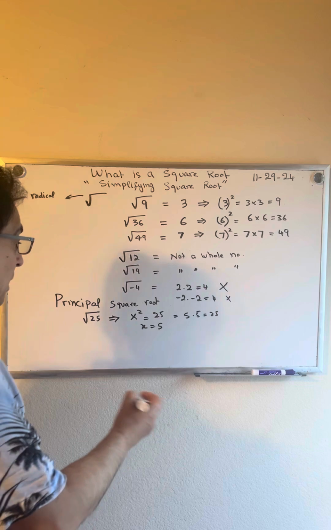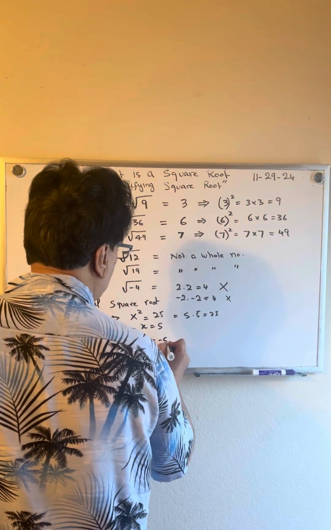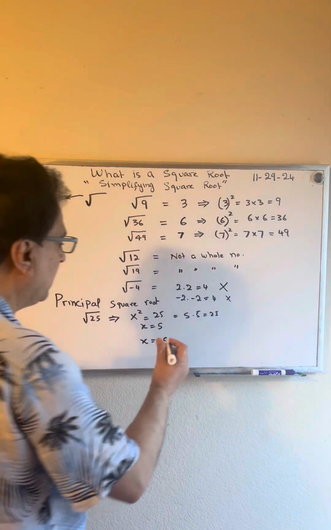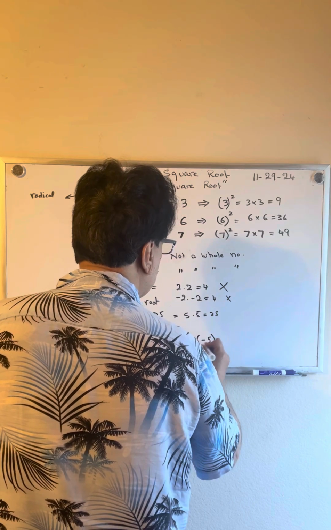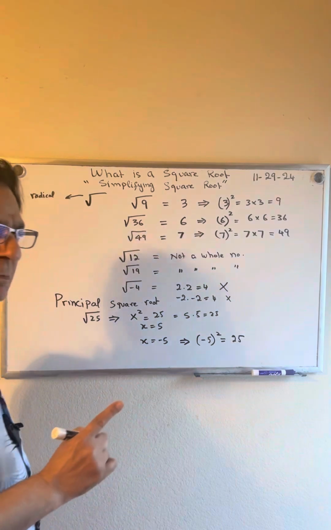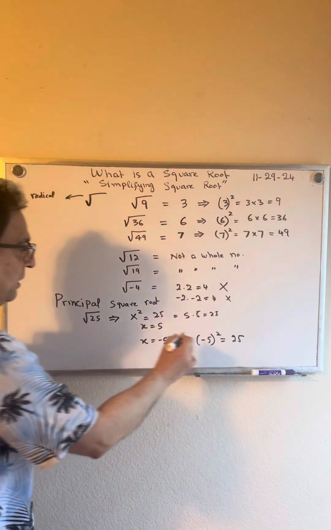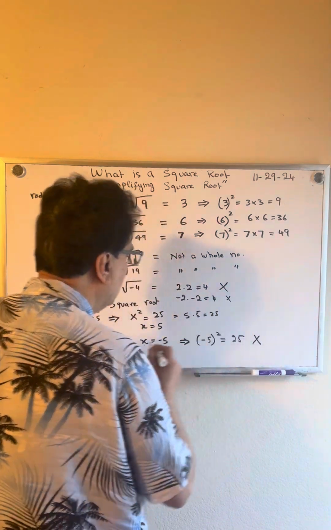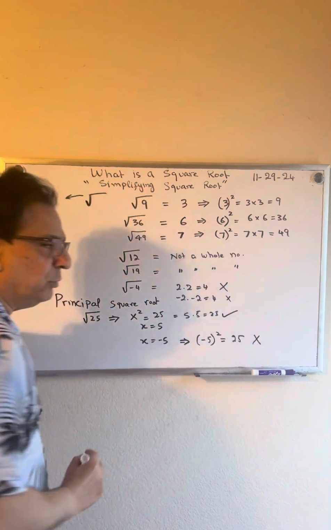Now, if I say x is equal to minus 5, that also satisfies the condition, because negative 5 squared is also 25. However, it's not the principal square root. This negative 5 is not a principal square root. Positive 5, x equal to 5, is the principal square root.